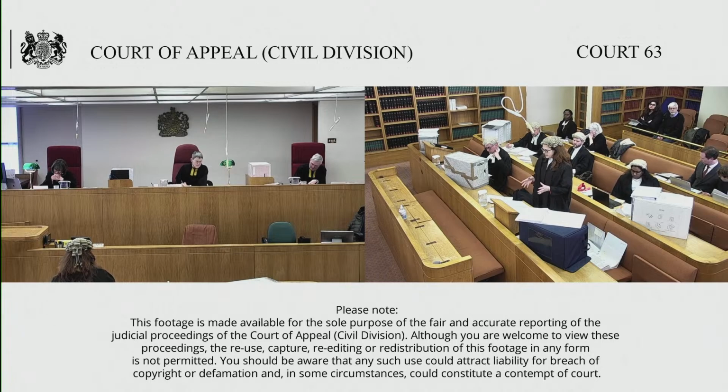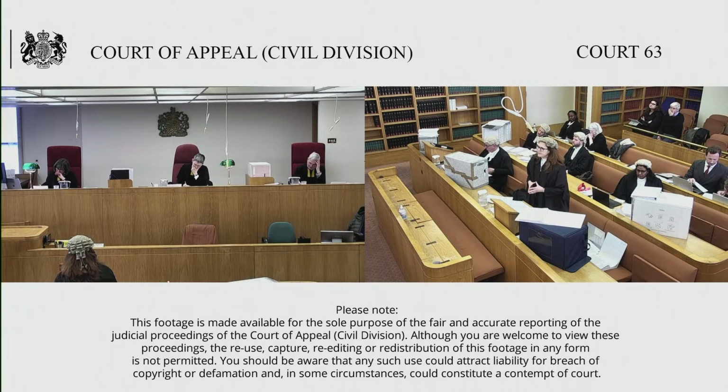And so finally on this, the revenue described Phillips as an outlier, and we don't as such take issue with that. Phillips is an outlier in the sense that all of the other cases are concerned with home state discrimination. But describing Phillips as an outlier doesn't make it wrong.